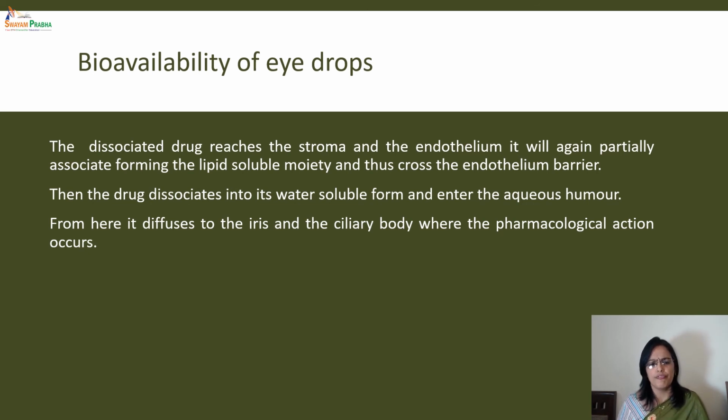When the drug dissociates into its water soluble form and enters the aqueous humor, from here it diffuses to the iris and the ciliary body where the pharmacological action occurs. So this is about eye drop bioavailability, that is, how it is going to be available to the systemic circulation in the actual quantity.